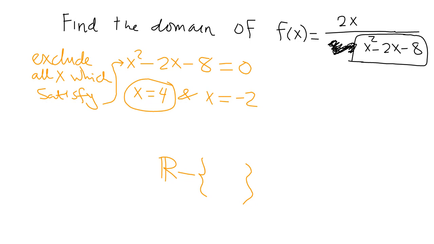So I don't want this value. These values will cause division by 0, so I have to exclude them out of the real numbers. So the final answer, the domain is the whole real numbers excluding 4 and -2. Okay, we have to exclude 4 and -2 out of the domain.